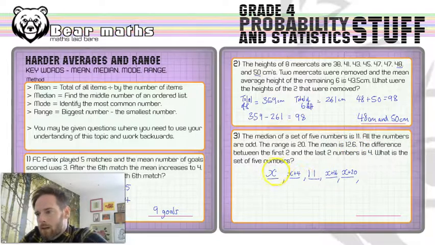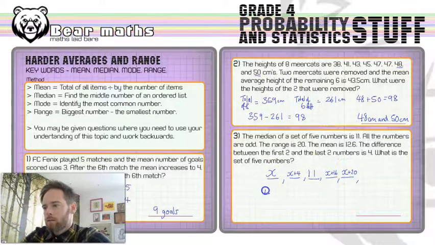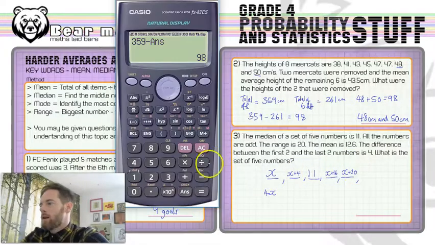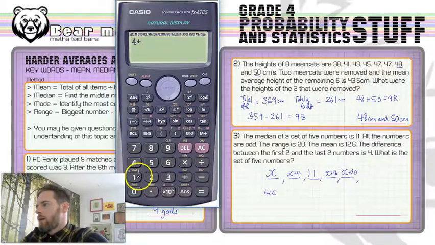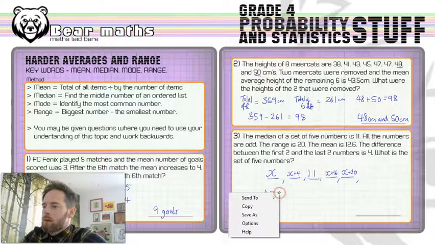So we collect everything together, collecting the like terms here. So 1, 2, 3, 4 x's. So we've got 4x, and then we've got 4 plus 11 plus 16 plus 20. So I'll just get my calculator to do it quicker. I'm sure you could do it without if you had to. It is 51. So plus 51.